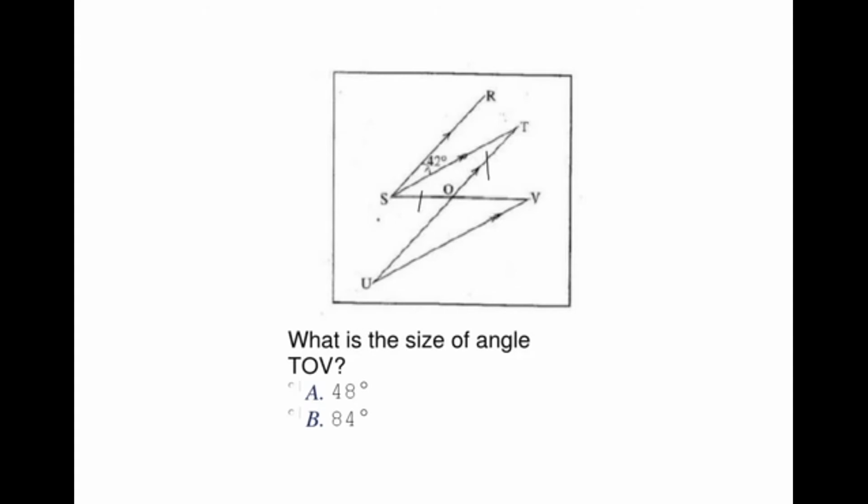So since SR and TU are parallel, we have this angle and this angle being the same. So this is 42 degrees since they are alternate angles.